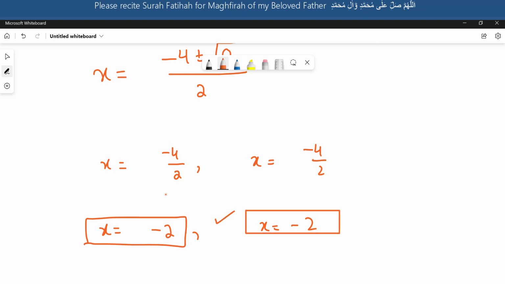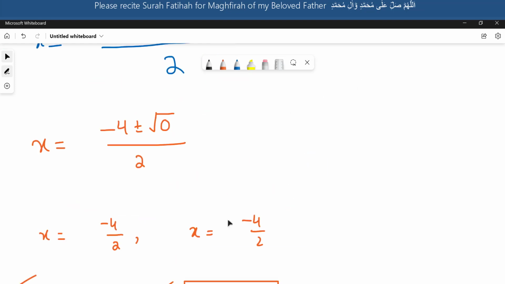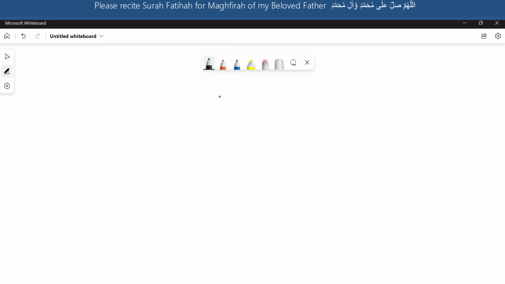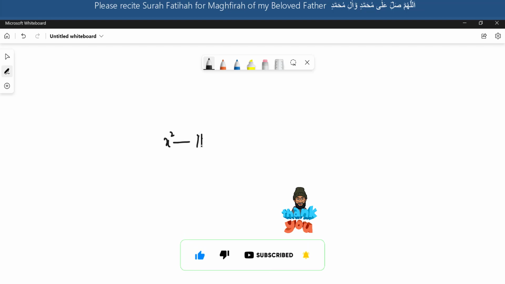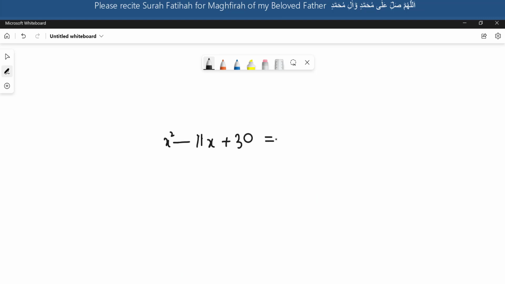Okay. So let's try another and the last question. You may pause the video and solve it on your own. After solving it, just check the answer. x squared minus 11x plus 30 equals 0. Let's solve it using the quadratic formula.